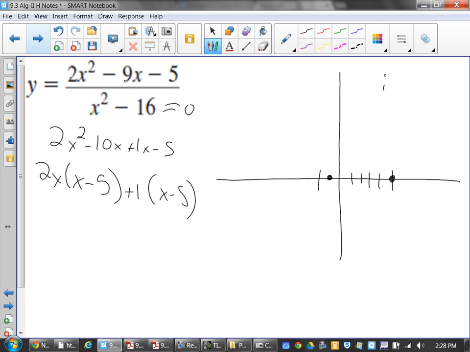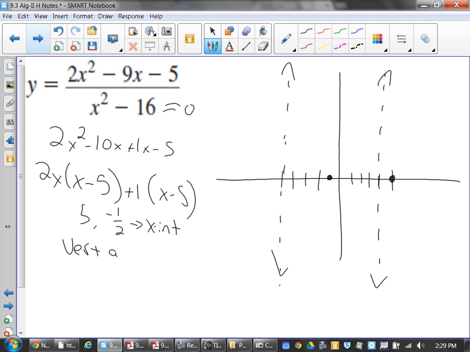Your asymptotes are at plus or minus 4. So here are my x-intercepts and my vertical asymptotes. All right, x equals plus or minus 4.